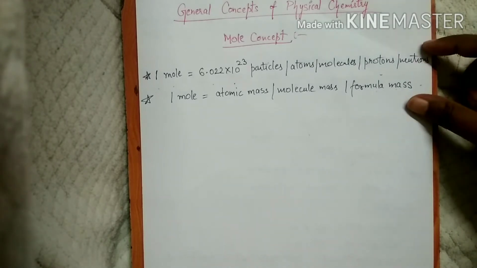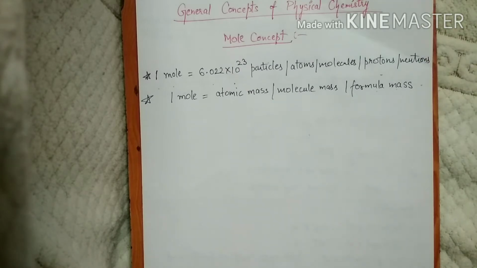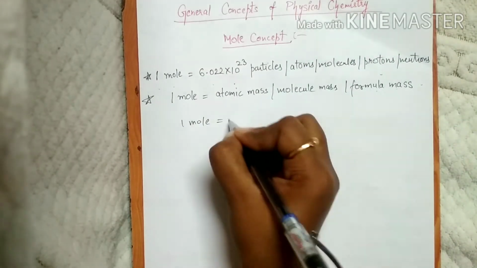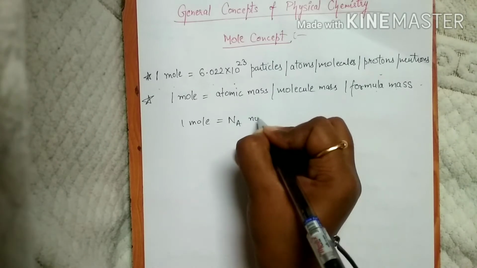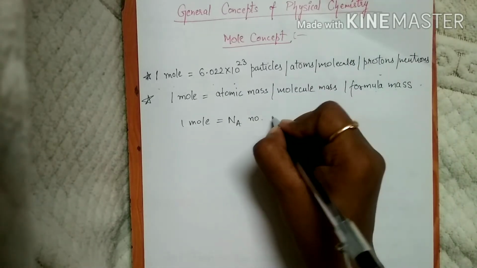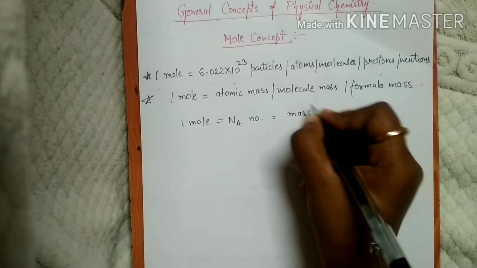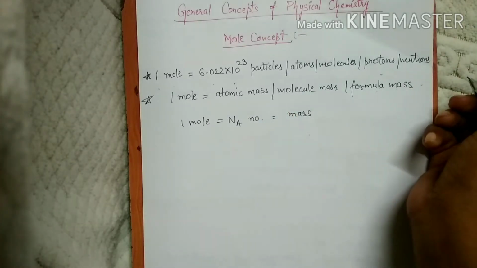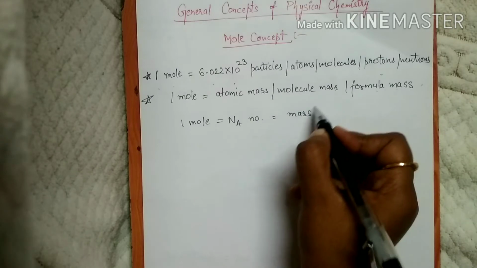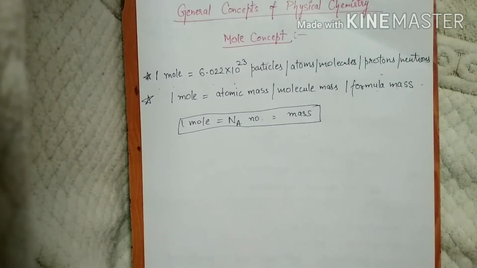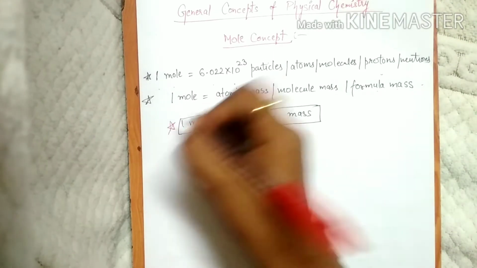So these are the two basic formulas which you always have to remember. So you can say 1 mole will be equal to Avogadro number of those particles, and that will always be equal to mass. It could be atomic or molecular or your formula mass. Okay, so this is what you should remember always. Just star mark this.